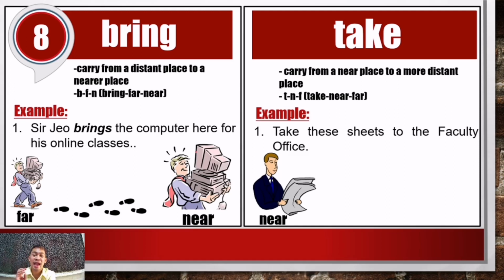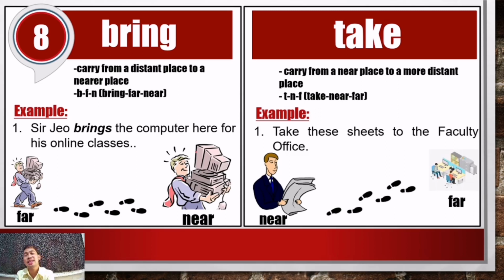Then we have there the preposition to, or the prepositional phrase to the faculty office, to mean that it's a more distant place, far from the location of these sheets. So that's something that you need to remember about the difference between bring and take. You just need to bear in mind our acronyms: BFN, bring far near, TNF, take near far.